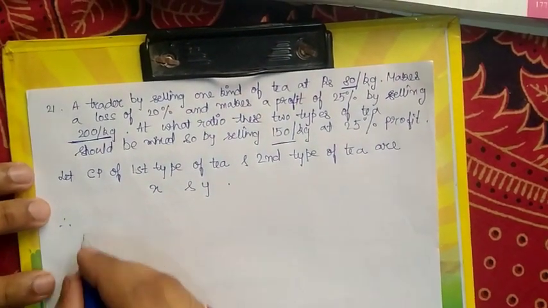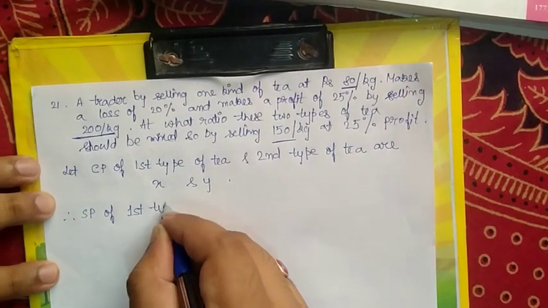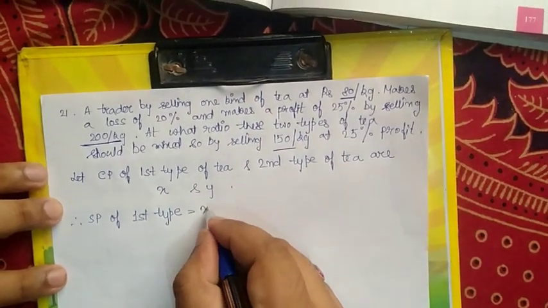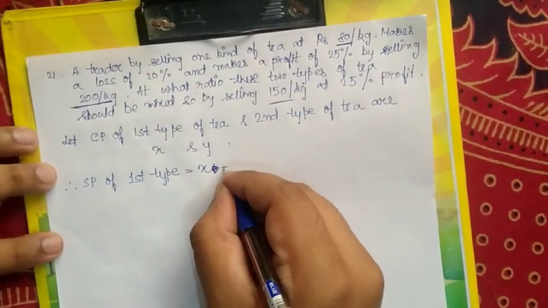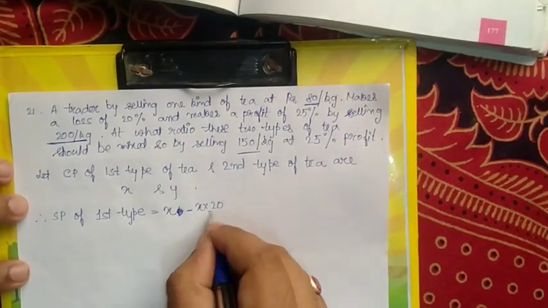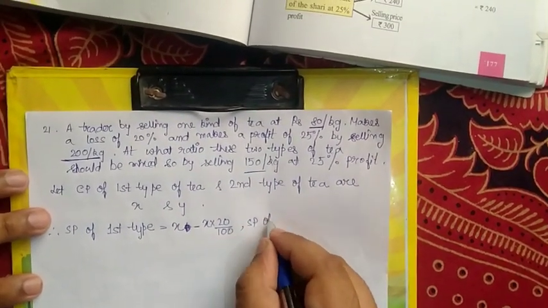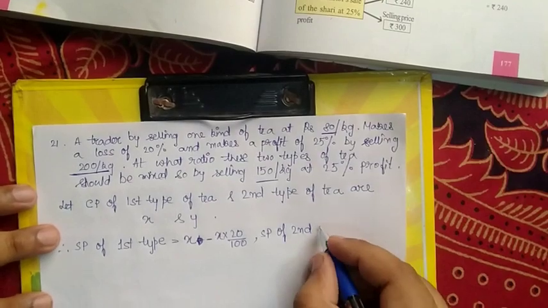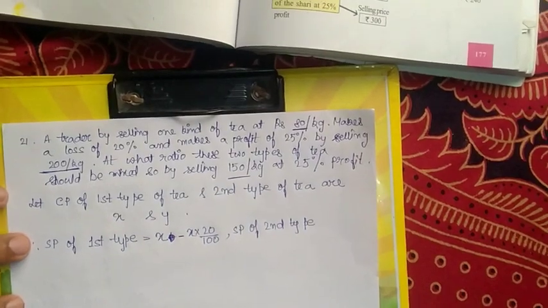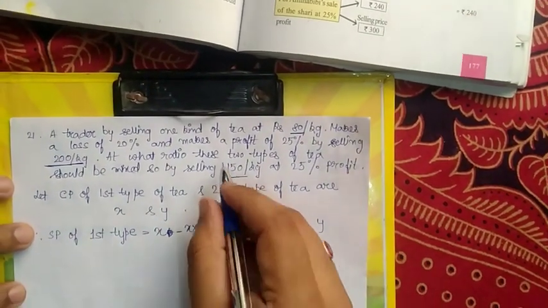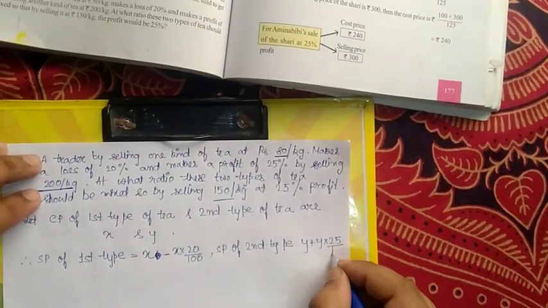So therefore SP of first type equal to CP minus loss 20%, so this should be minus x into 20 by 100, and SP of second type, y makes a profit of 25%, y plus y into 25 by 100.